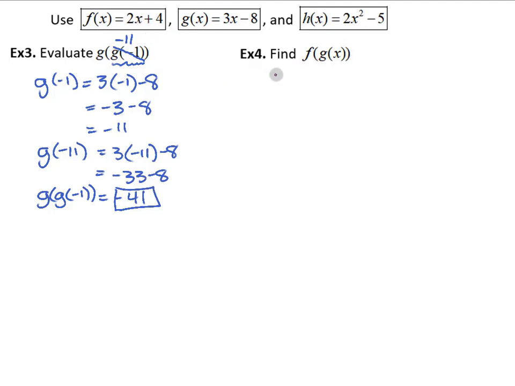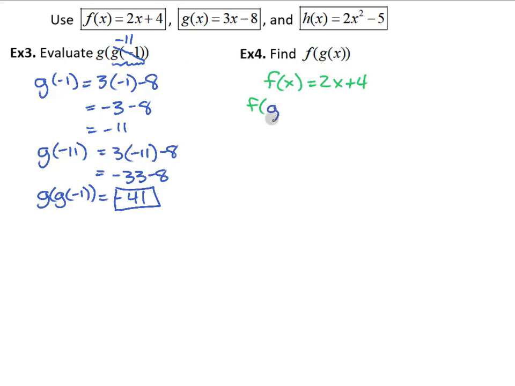Okay, this time, we're going to start with the outermost function, f of x, which is 2x plus 4. I just like to rewrite it to have it there for reference. And we find f of g of x, and I'll try to keep this color coordinated for you here.